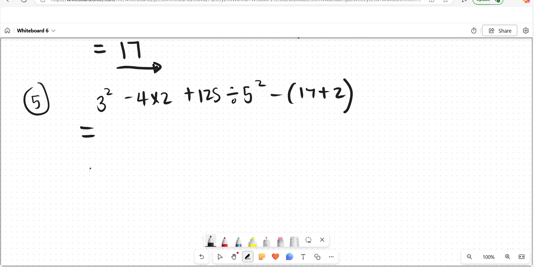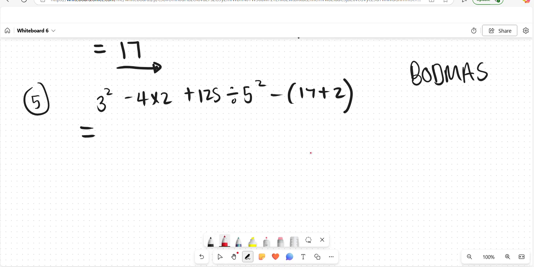So we have a lot in front of us, but we don't panic. We just rewrite what BODMAS is. BODMAS. So what do we do first? We're going to do our brackets first. So if you evaluate those brackets, we keep every other thing the same.